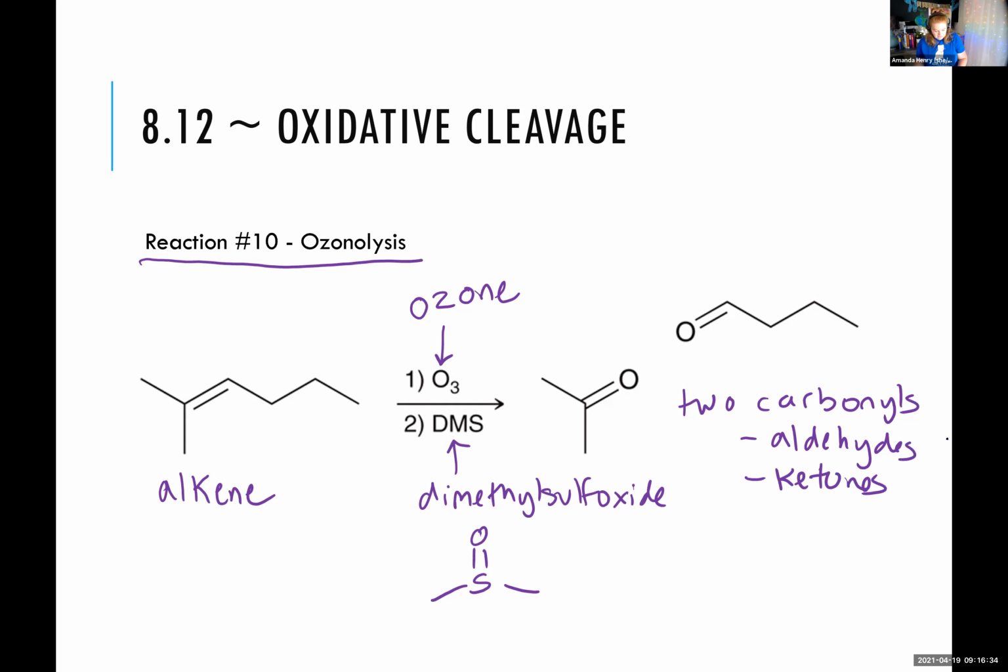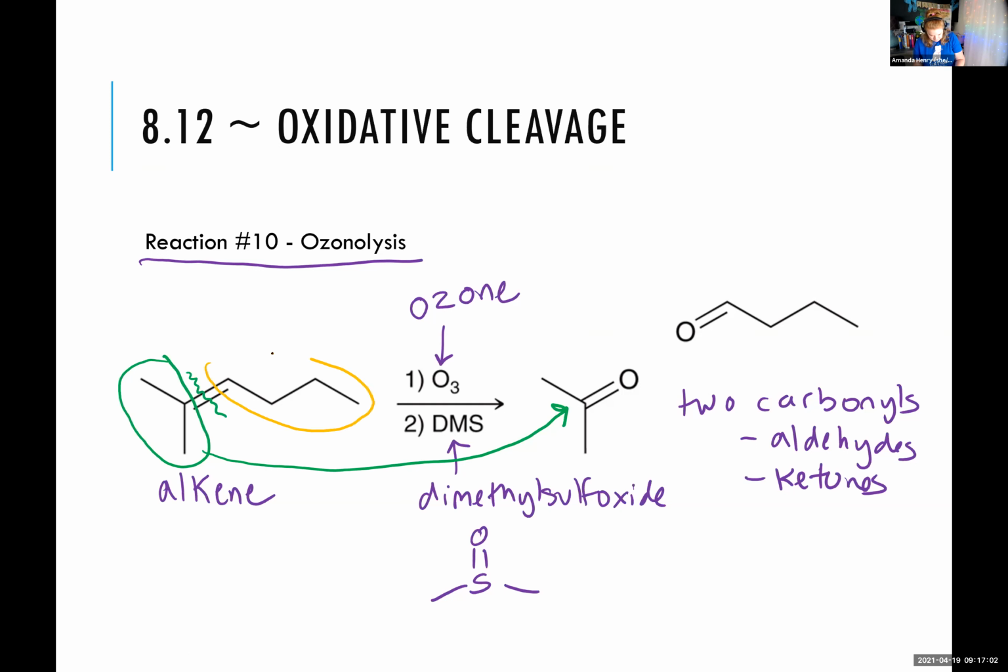And whether they are aldehydes or ketones is going to depend on how substituted the carbons are. So really what we're doing is we're taking our alkene bond and we're cutting it in half. So this part right here becomes this ketone.